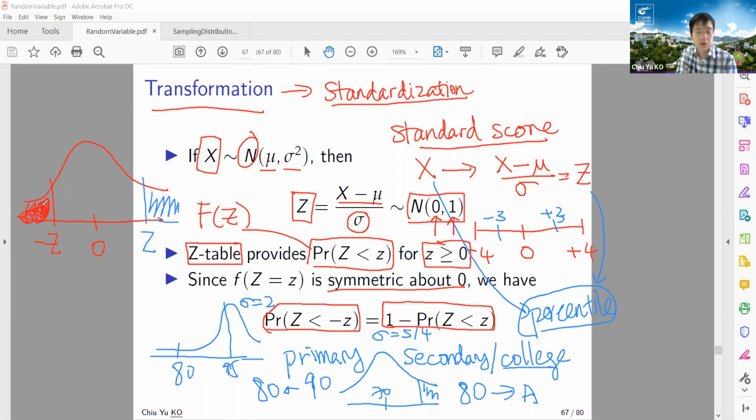The red and the blue are the same. But how to find the blue area? It can be found using the method you learned in primary school. Because the whole area is 1, you know the green area from the table. 1 minus the green area is the blue area, and the blue area is the red area. Is that okay?